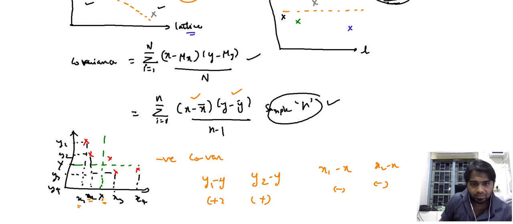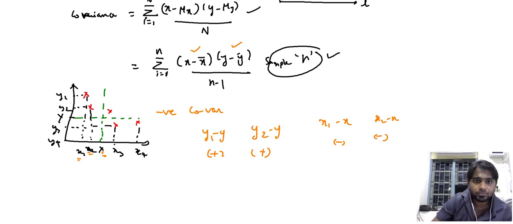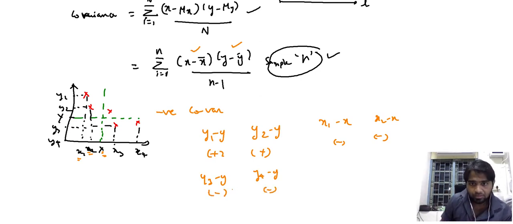Now when I consider the difference between my y values, that is y3 minus ȳ and y4 minus ȳ, they lie below the mean of the y variable, so they will be negative. And when I consider x3 minus x̄ and x4 minus x̄, they are beyond the mean of the x-axis, so they will be positive, and the combination of these two will again give me a negative value.